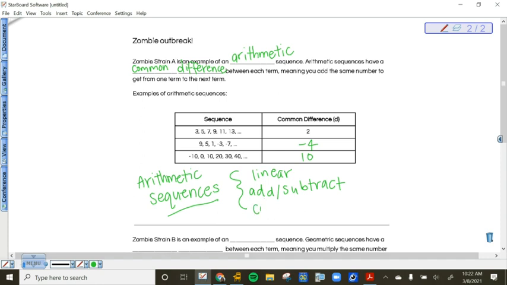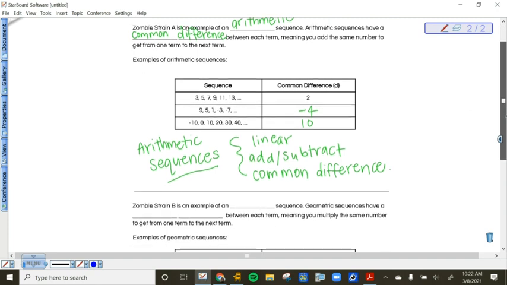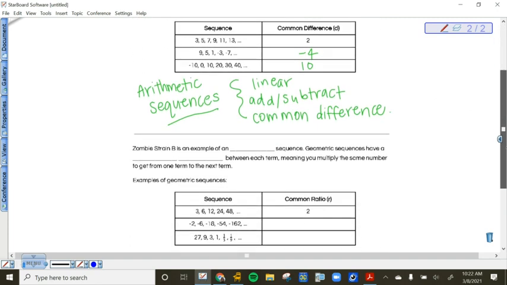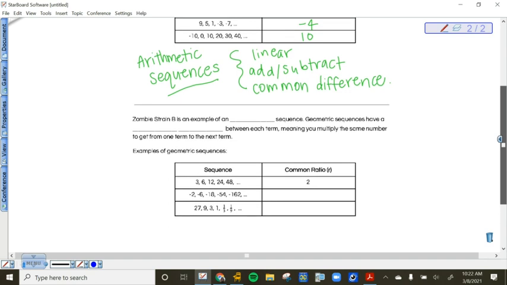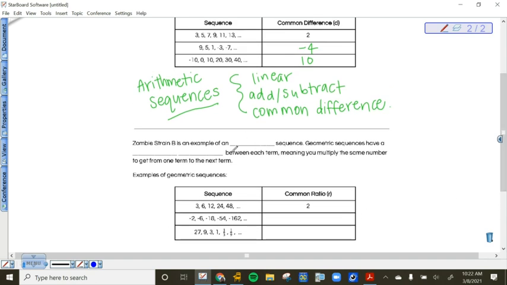And they have a common difference. And then strain B is going to be an example of what kind of sequence? Yeah, geometric.